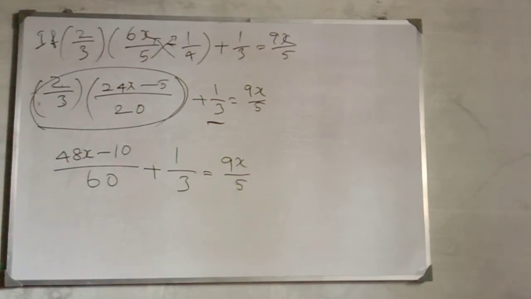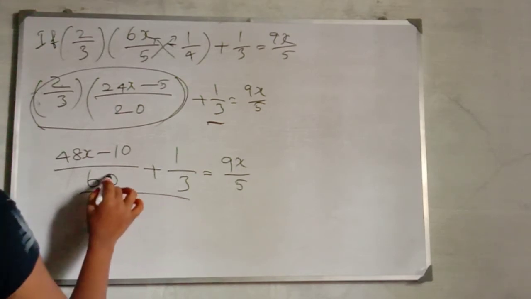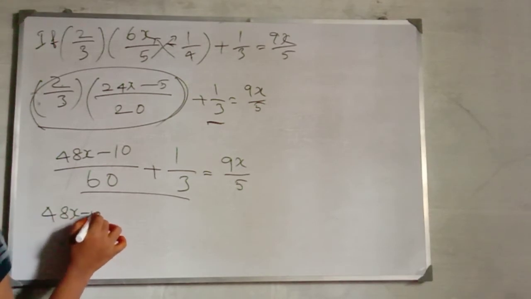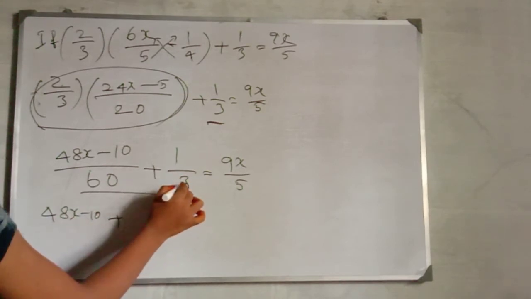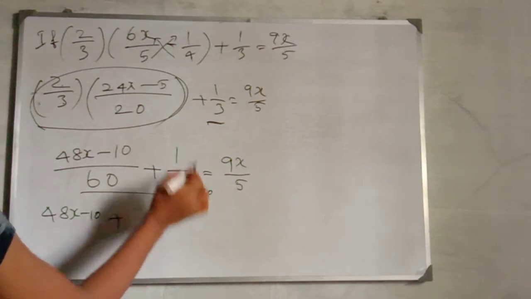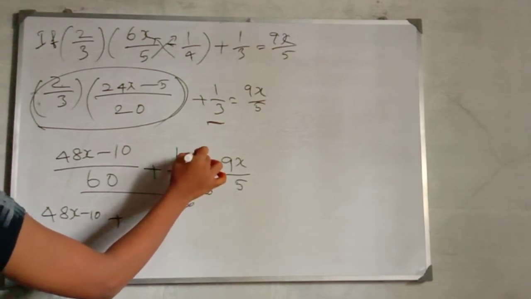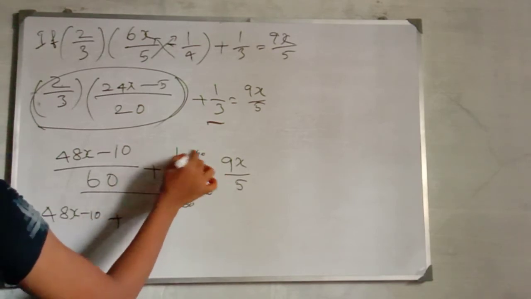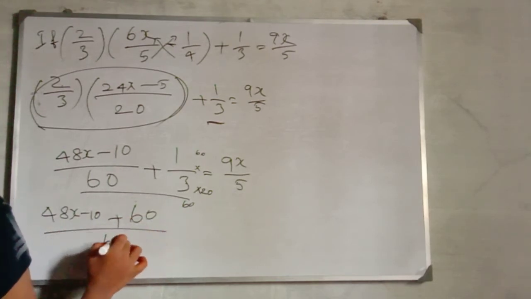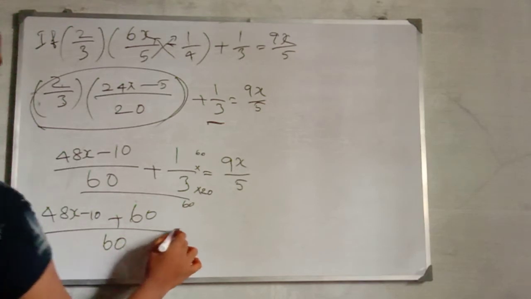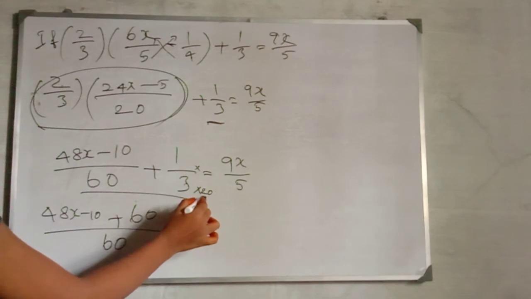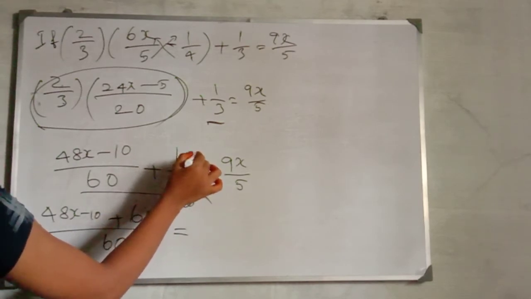Let us take the LCM for this, 60. So 48x minus 10 plus, here, 3. We multiply 3 by 20, we get 60. So the denominator also we have multiplied by 20 only.